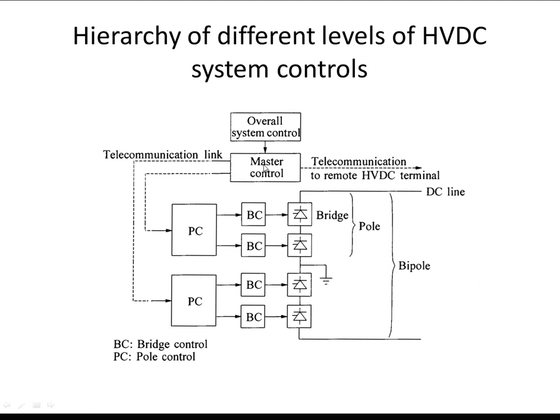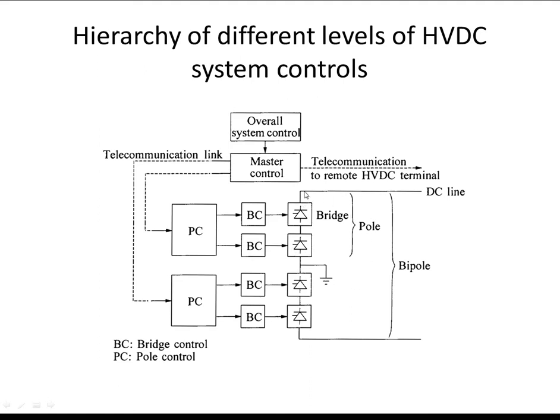For reliable operation of the HVDC system, each pole should function as independently as possible. Each pole control functions as an independent control. Whatever master control signal is given to the pole control, and the pole control signal given to the two bridge controls, is completely independent of the other pole. So each pole is individual.